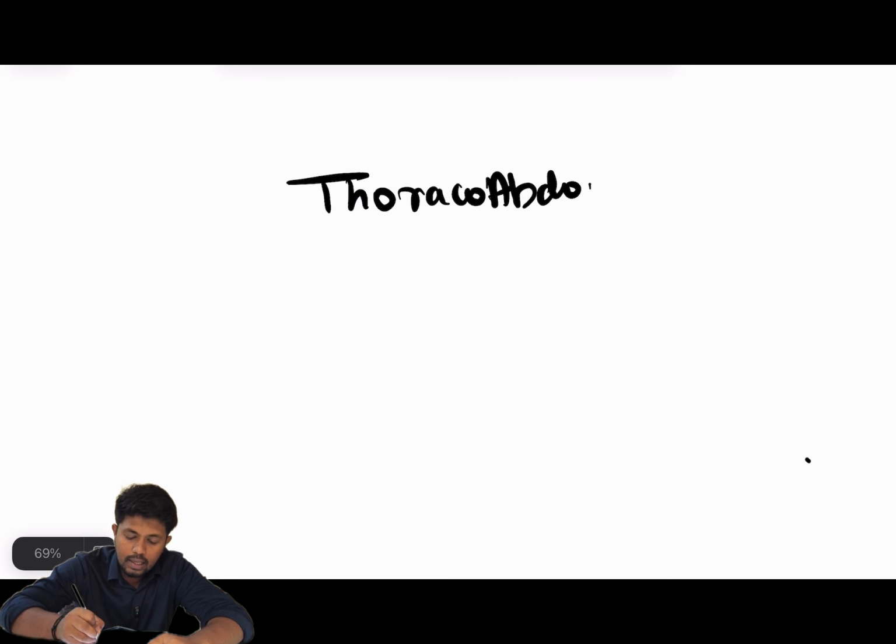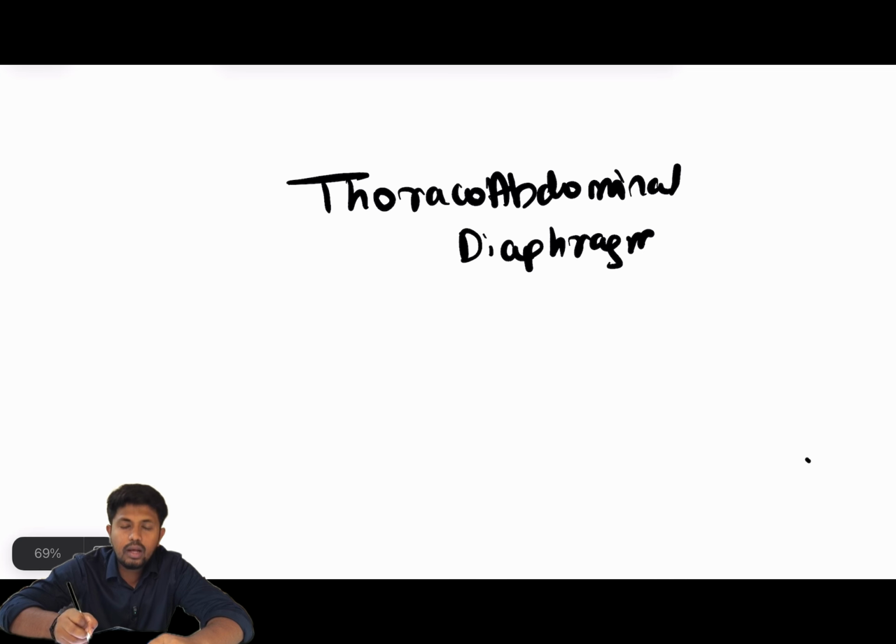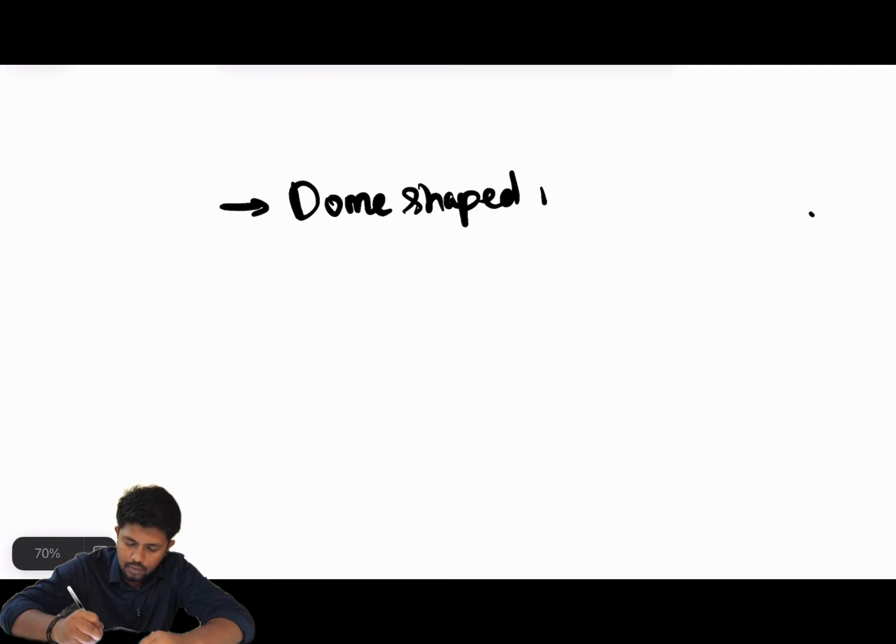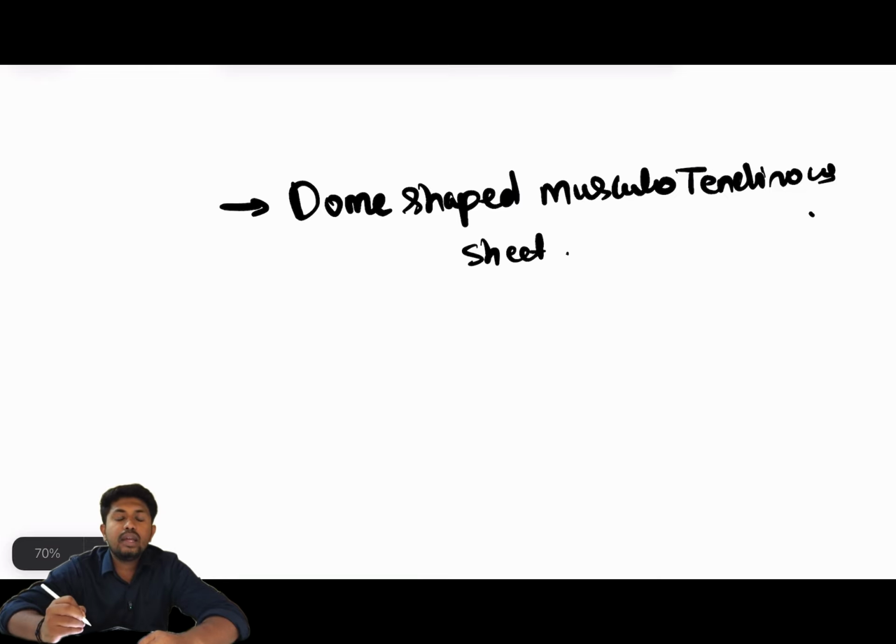In this thoracoabdominal diaphragm, by the name only we can say it creates a partition between the thorax and the abdomen. It is the major diaphragm of our body, and its shape is dome-shaped, a musculo-tendinous sheet that creates a partition between the thorax above and the abdomen below.